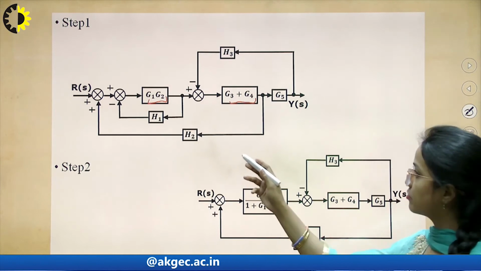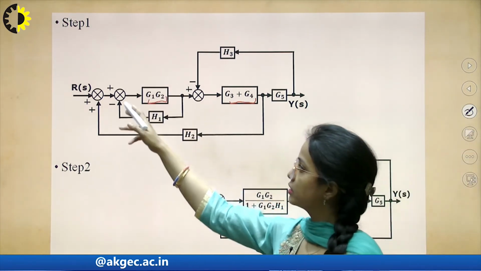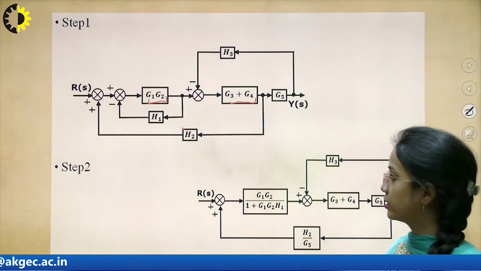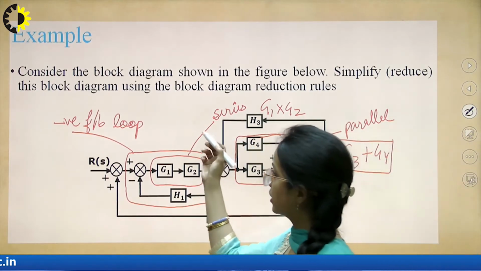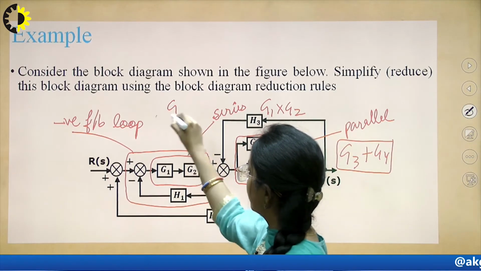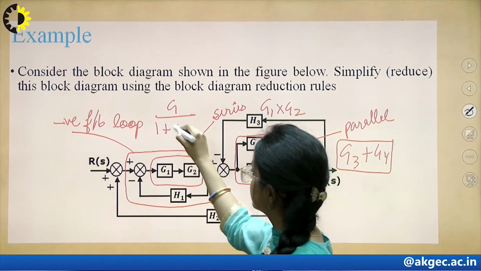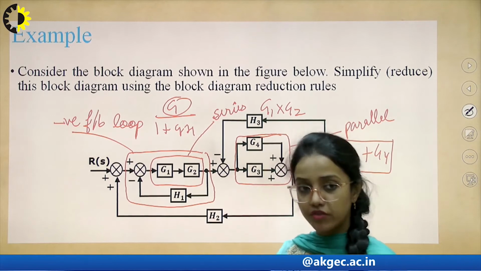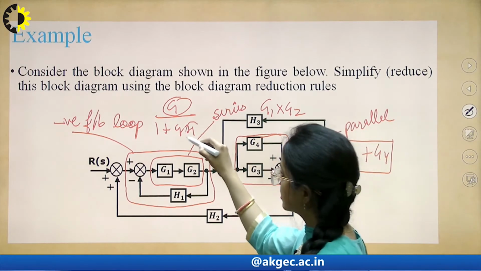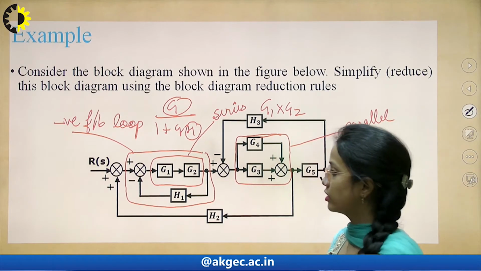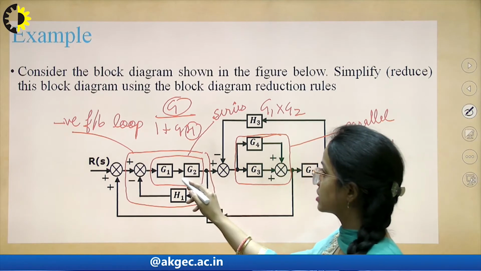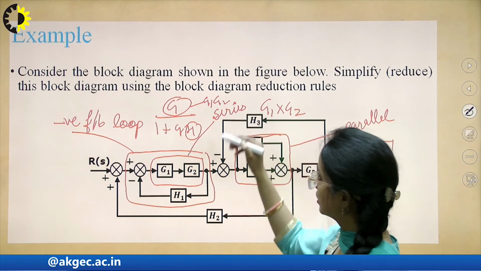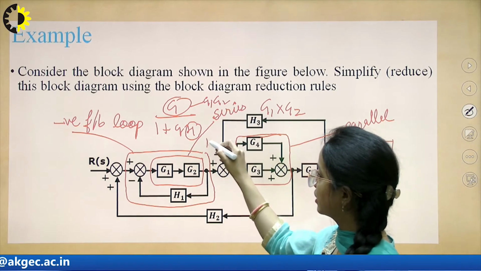In the second step we have implemented a negative feedback loop formula. The negative feedback loop formula is G upon 1 plus GH, where G is the forward gain and H is the feedback gain. So here G will be replaced by G1, G2 and H will be replaced by H1.